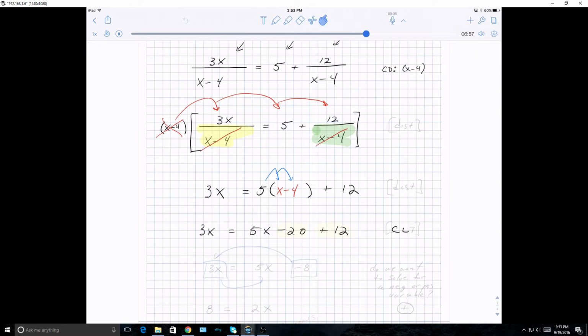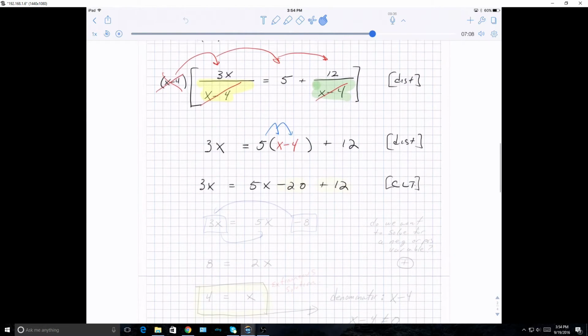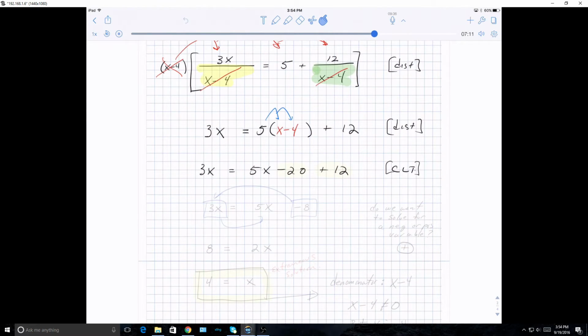If I combine like terms, I go back and write down distribute up here as well, just so we have an idea of what to go back to. Then it's clear to see that we have 20 negatives and 12 positives, so that's going to make 8 negatives, with the 5x, all equal to 3x.